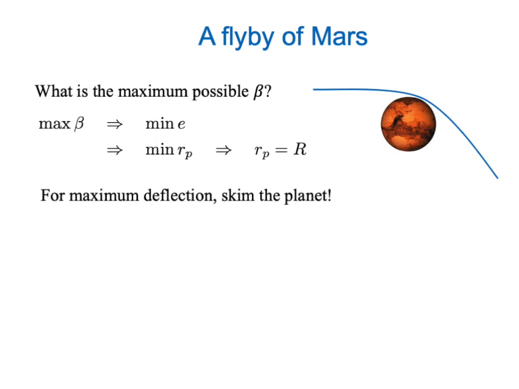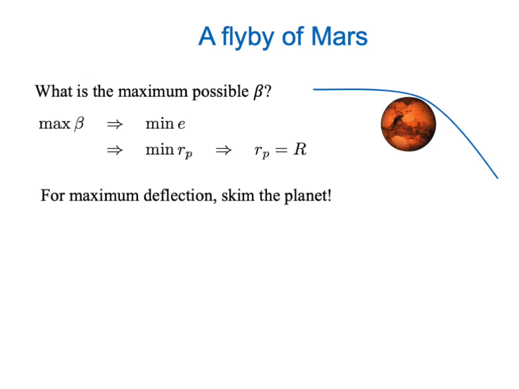So what's the maximum possible bending angle? In other words, suppose we are still approaching with the same asymptotic speed, but we want to bend our trajectory as much as possible. Well, to have the maximum bending angle, we want the minimum eccentricity. And the minimum eccentricity means we want to have the minimum paracenter distance. And the minimum paracenter distance would be the radius of the planet.